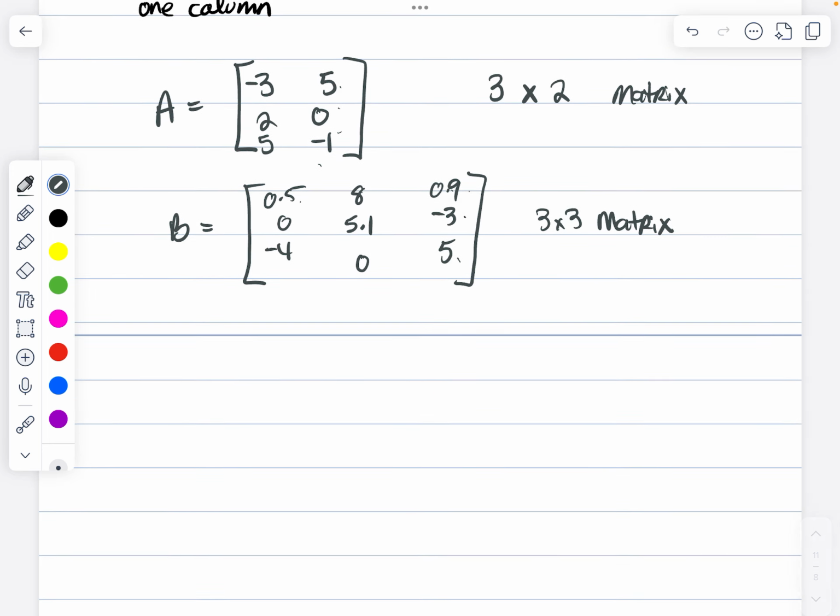As far as the row vector, it would look something like this. This would be called a row vector, and its size would be 1 by 3.